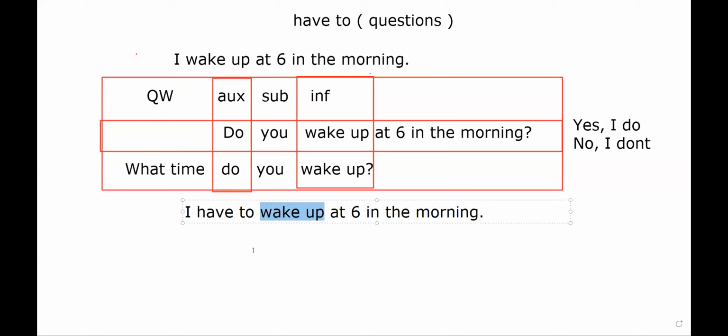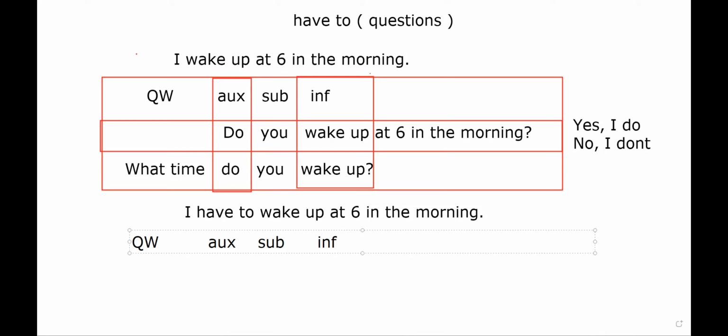Okay. Now, let's write the order of the question. How can I write a question here? Now, I say question word. This is the normal, right? Then auxiliary. Okay, I put it in the same order here. Then subject, then infinitive. This is the normal.